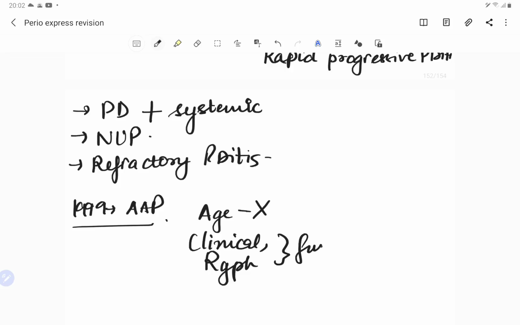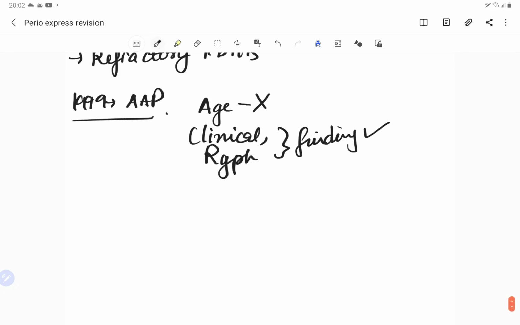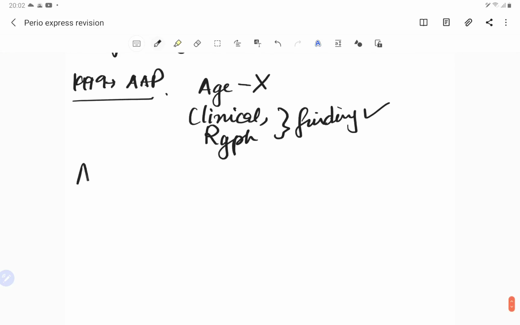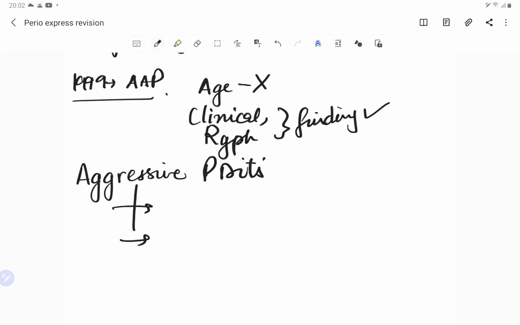So they said clinical findings are more important as compared to age, and they reclassified into aggressive periodontitis. They reclassified aggressive periodontitis into just the localized and the generalized form.